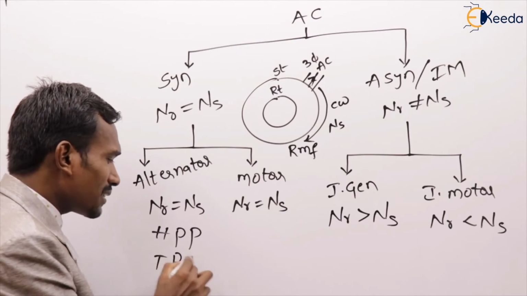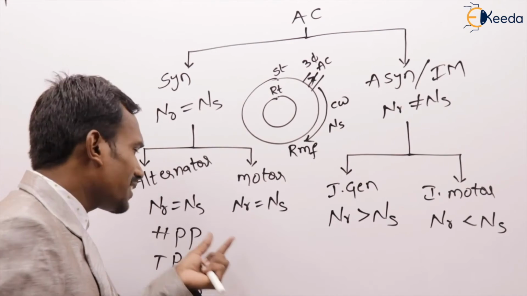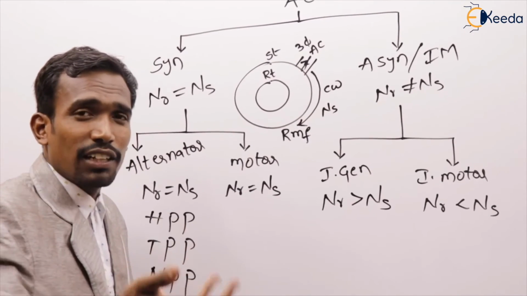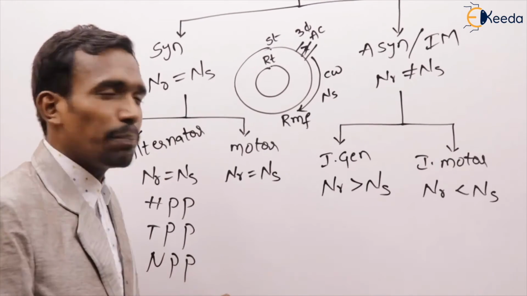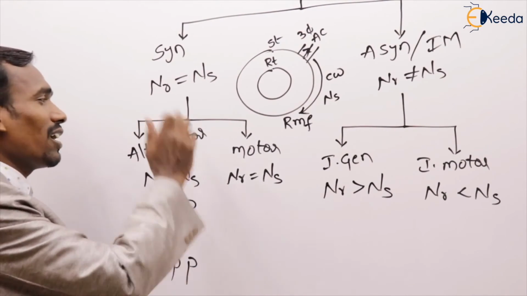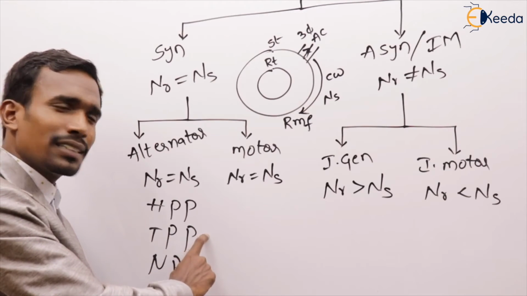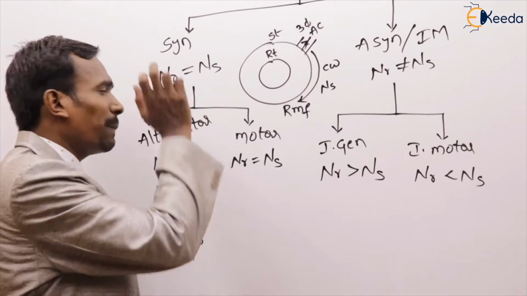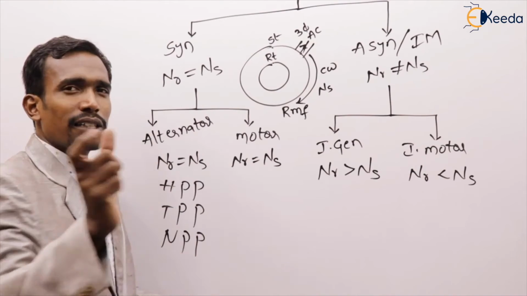Thermal power plants, nuclear power plants, such power stations generate the power. Hydro, thermal, and nuclear power plants are the best examples for applications of the alternator.